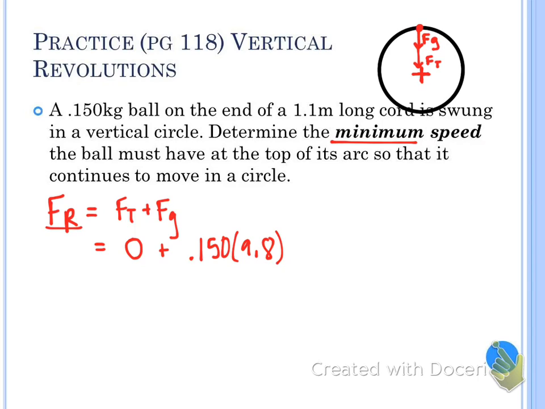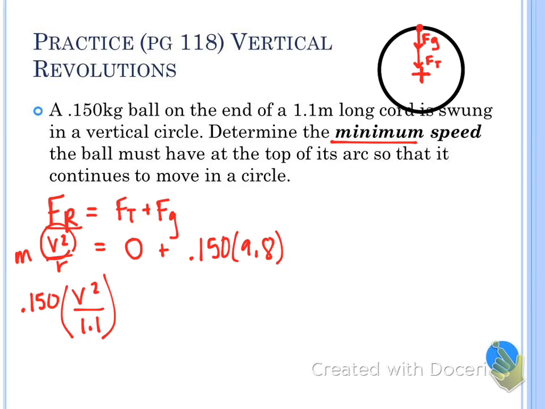Then what can we substitute here? We can say m times v squared over r, and we're solving for v. So I'll take 0.15 times v squared over r, which is 1.1. Why am I not splitting 1.1 in half to find the radius? Because it's at the end of the chord, and that chord is essential. Very good. The chord is 1.1 meters long. I know my string's invisible, but if it's 1.1 meters long, that is my radius.